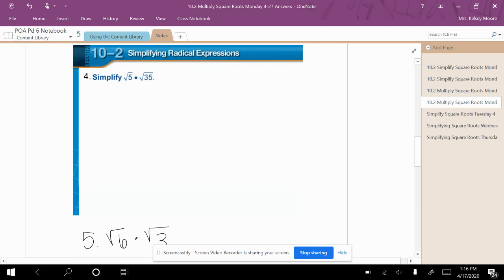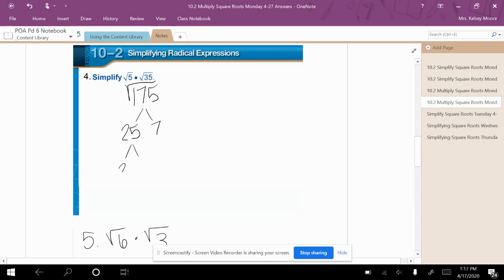Okay, next example is the square root of 5 times the square root of 35. So if you multiply those together, you get 175. So you should have the square root of 175. Okay, now breaking that apart, let's do 25. 25 times 7 is 175.